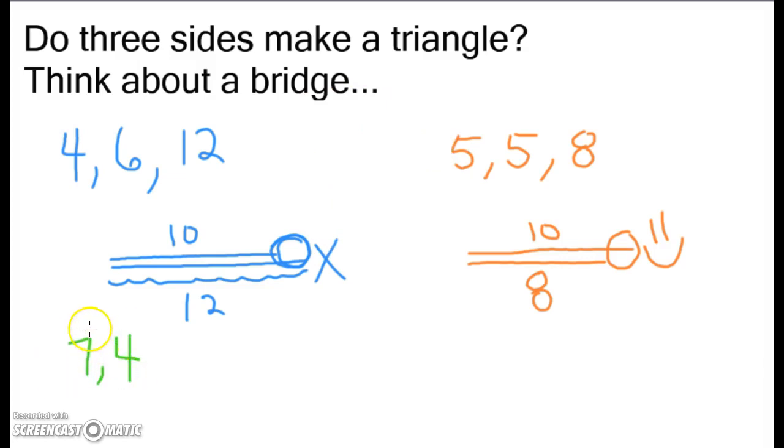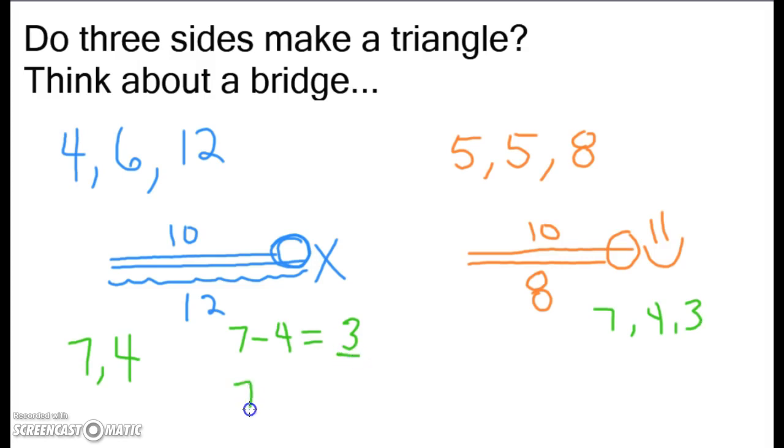If two sides of your triangle are 7 and 4 and you want to know the range of the third side, you can find the smallest number that it could be by subtracting. 7 minus 4 is 3. So if you had the numbers 7, 4, and 3, 3 obviously isn't big enough to make a triangle, but anything bigger than 3 would work.